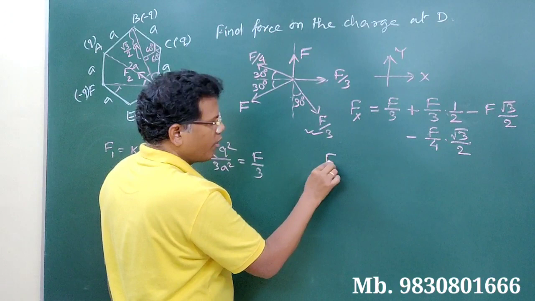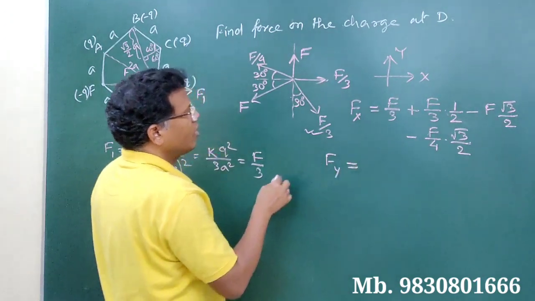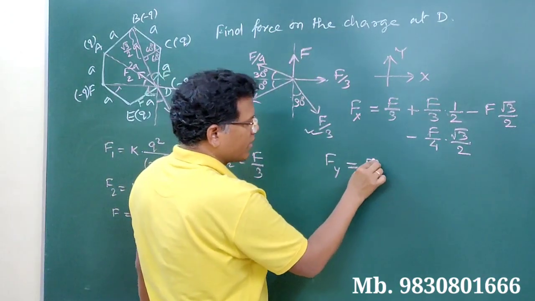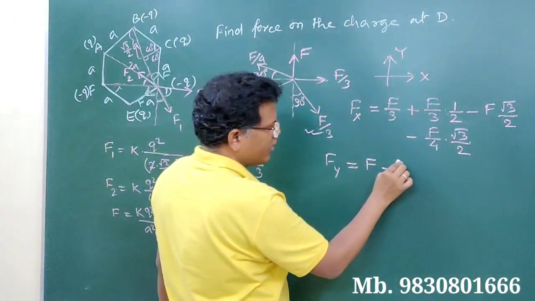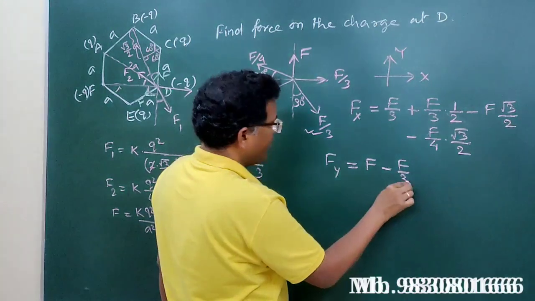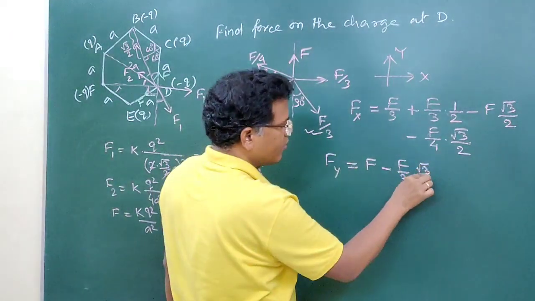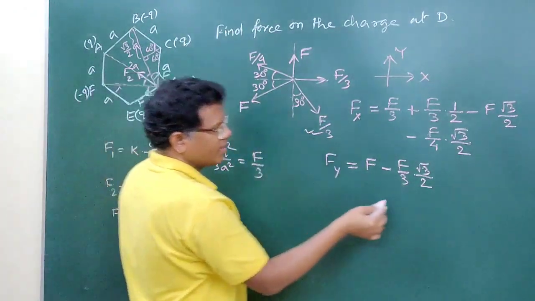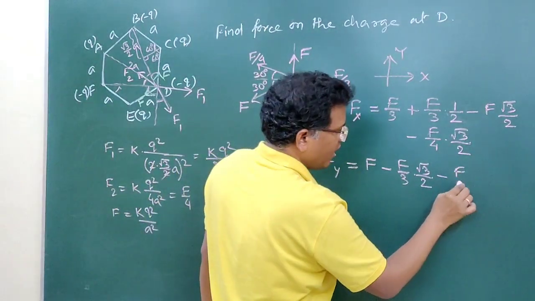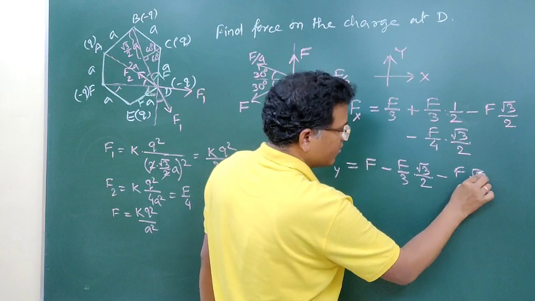And for the Y component forces, we have one force plus F, another will be the cos component of this, which is minus F by 3 cos 30, and this one F sin 60 minus F sin 60.